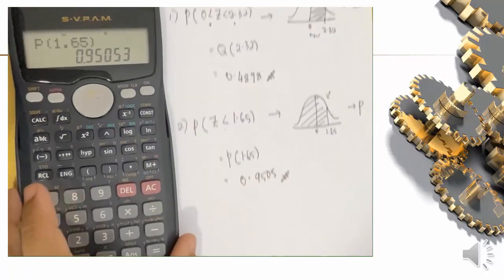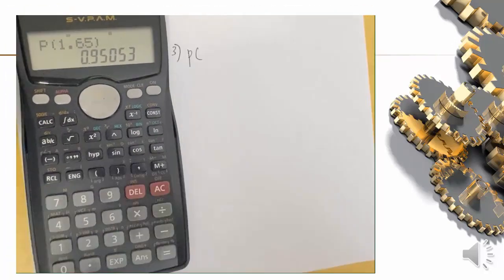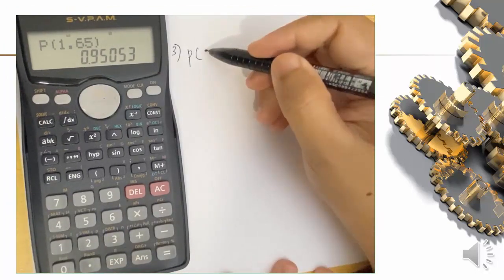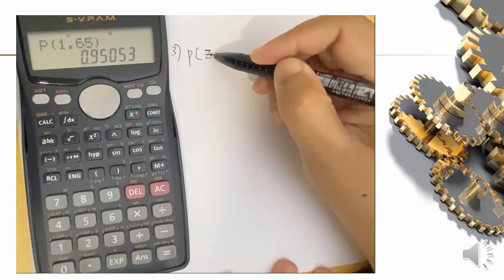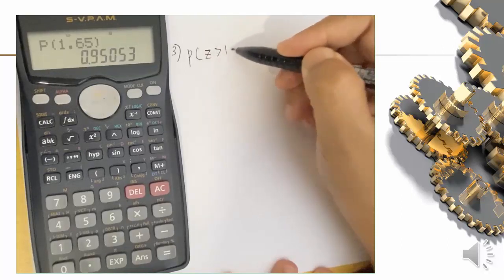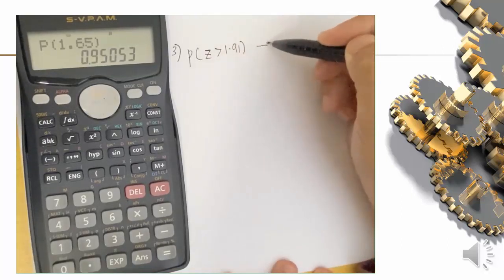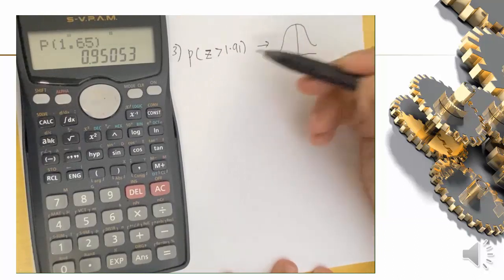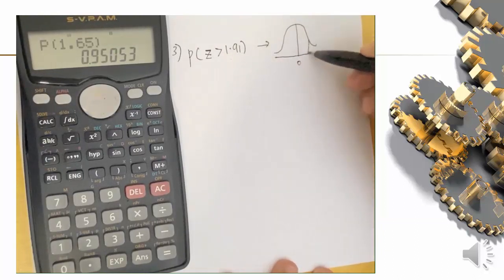Okay, next number 3, find probability z greater than 1.91. Zero. 1.91 is positive, so on this side 1.91, and the symbol is greater than, so find this probability.